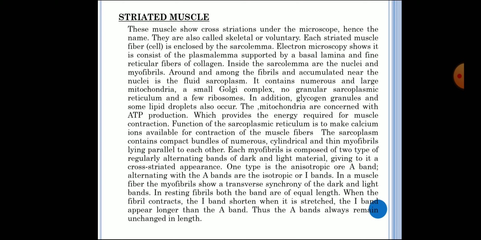The mitochondria are concerned with ATP production, which provides energy required for muscle contraction. Function of the sarcoplasmic reticulum is to make calcium ions available for contraction of the muscle fibers. In an average sized fiber, there are several hundred nuclei.